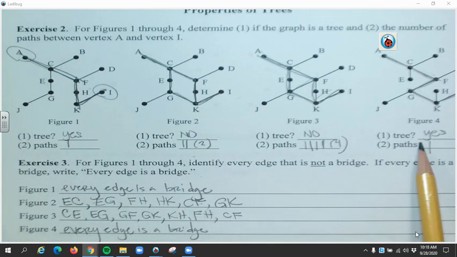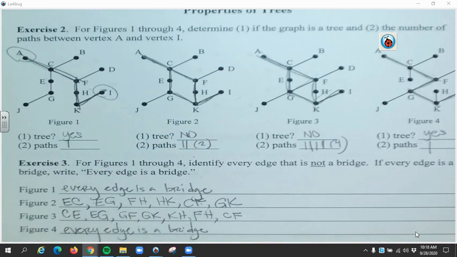This graph is a tree. Every edge is a bridge. So notice the two that are not that way are also not trees. So a rule of thumb, when you're trying to figure out if a graph is a tree or not, if it has a circuit, it's not a tree. If it has no circuits, then it's a tree. As long as it's all connected, that means that every single edge is going to be a bridge.